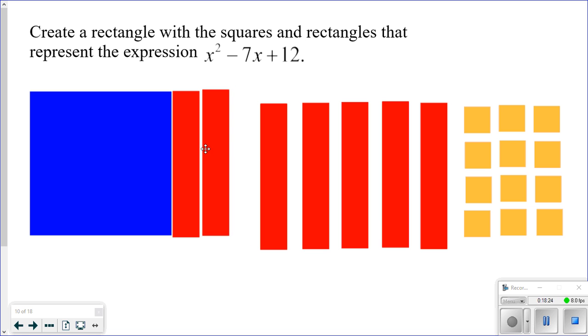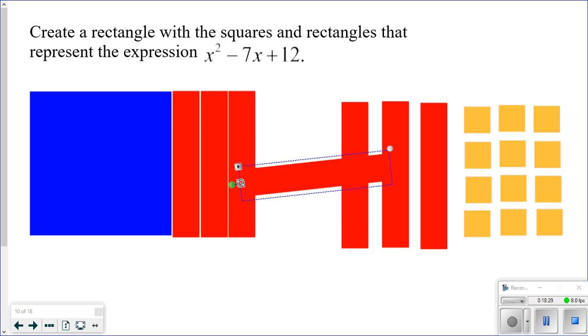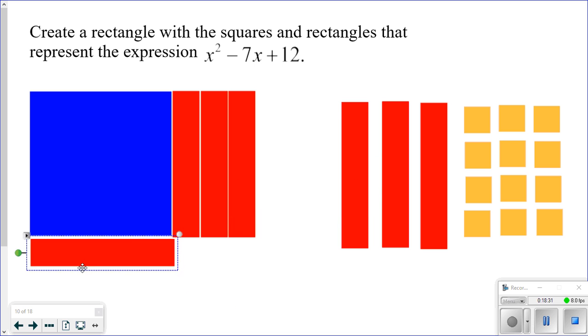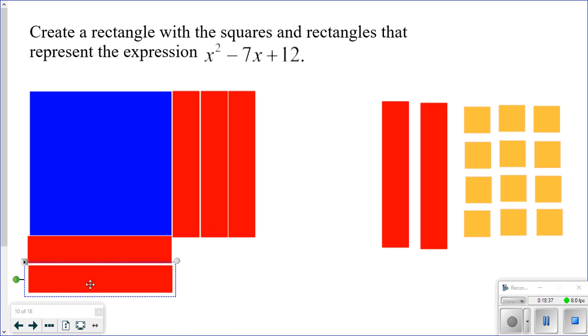Start moving these around. It's kind of just like a guess and check, trial and error. They're red because it has a negative 7x.